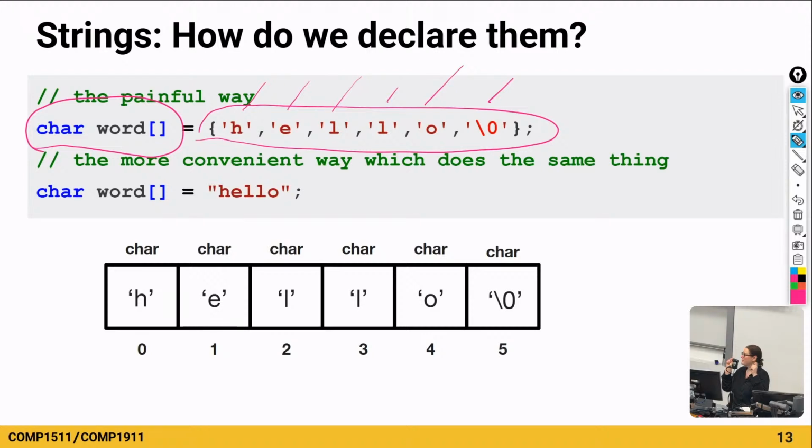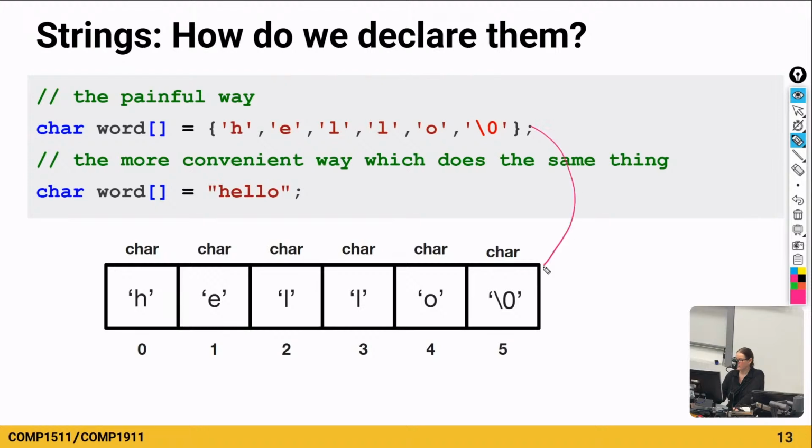And then I have to make sure I don't forget to put this null terminator at the end. If I forget that, it's going to break anything that relies on that being there, which is a lot of stuff.